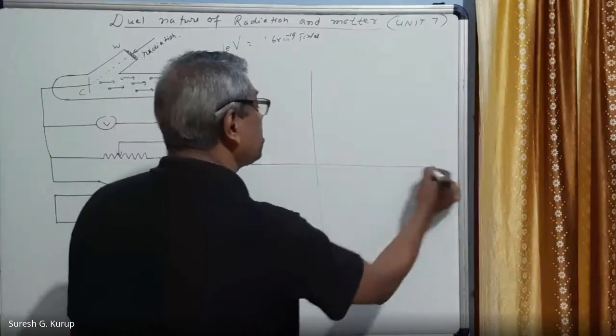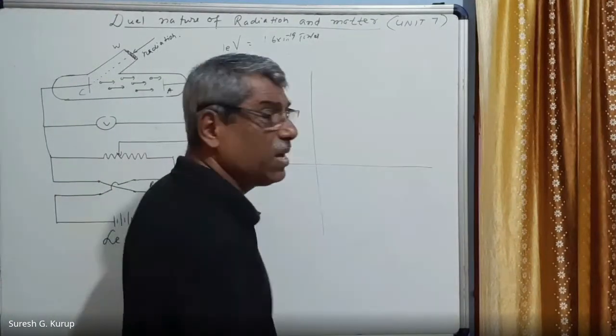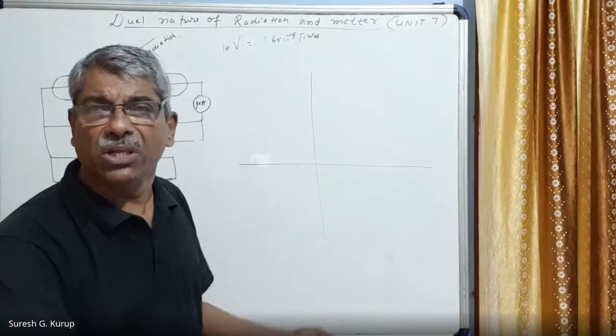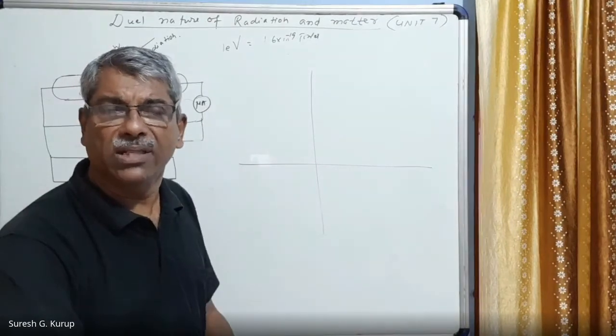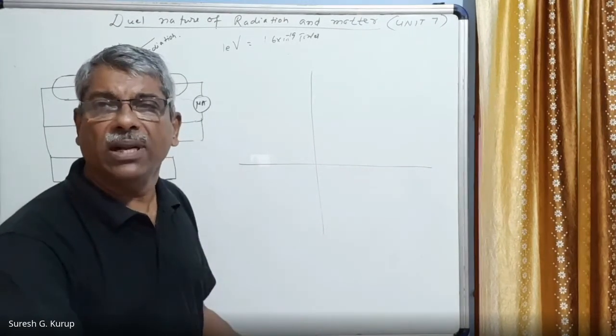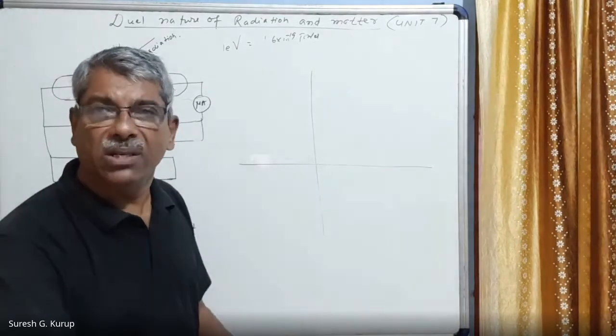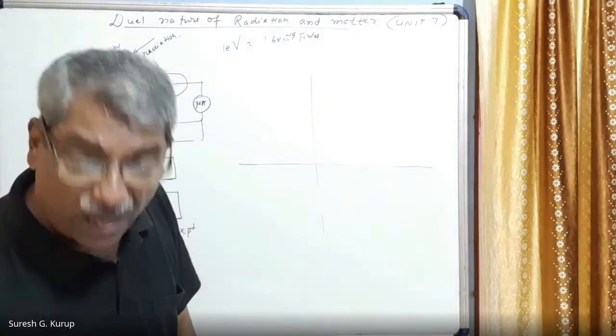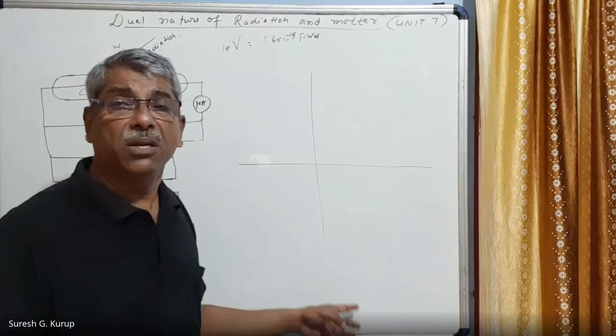In this case, we will use many frequencies. In the first experiment, the frequency is particular and the intensity is the same. In the next experiment, we will take another frequency, but the intensity is kept constant, and the accelerating potential is increased from negative to positive.